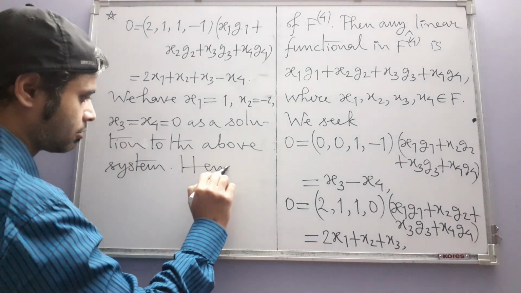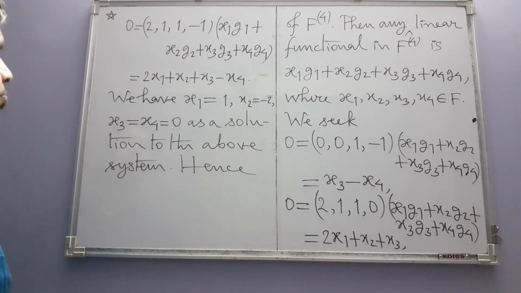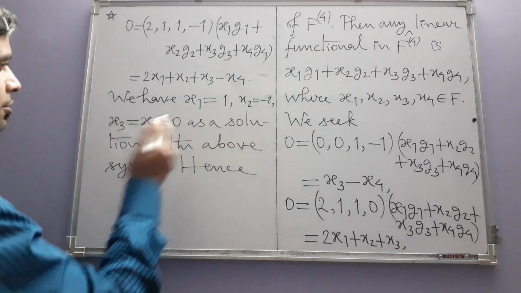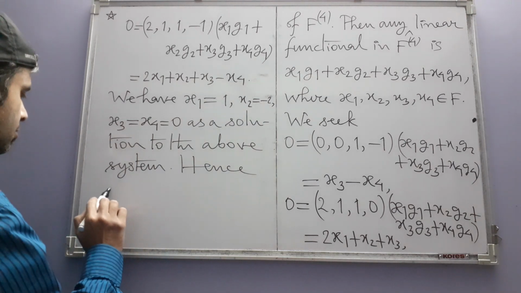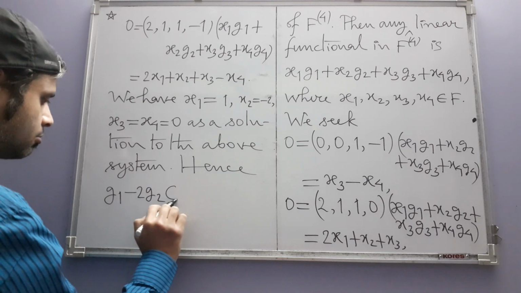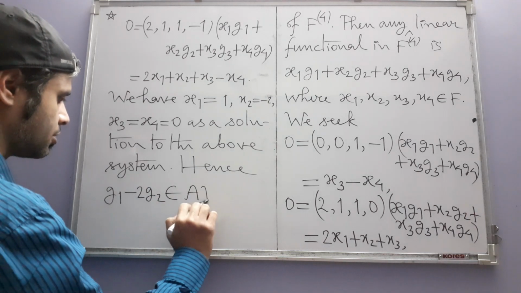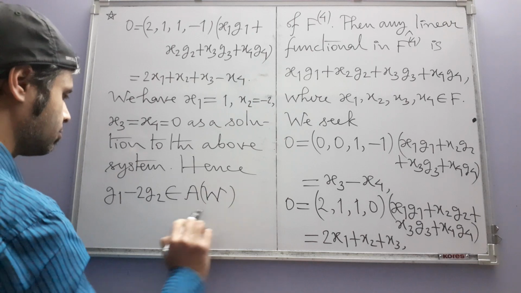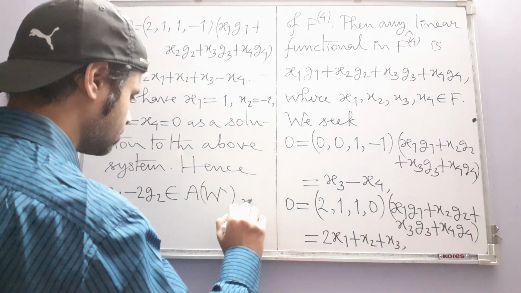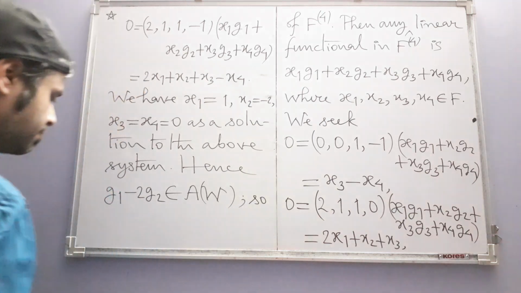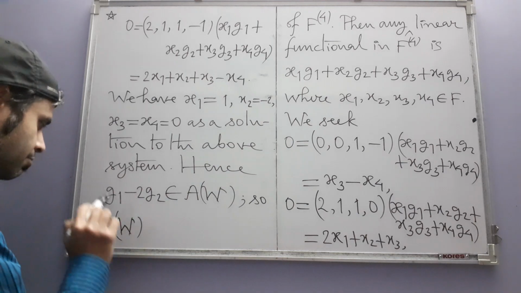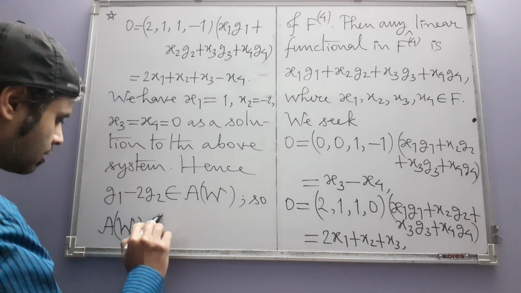Hence, x1 and x2 are the only non-zero coefficients. That means g1 minus 2g2 is a non-zero linear functional that belongs to the annihilator of W. So in this case, A of W is spanned by this single linear functional.